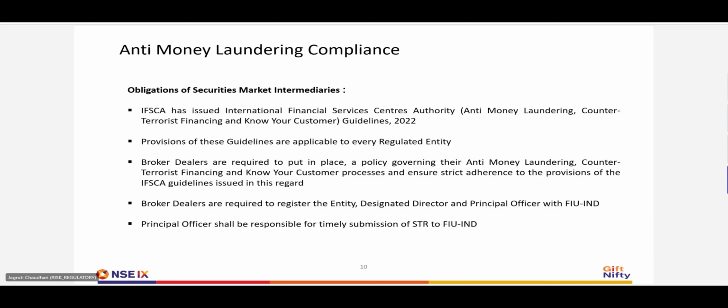One of the important aspects of AML compliance here is that IFSC has already issued guidelines regarding the same. For now, the foremost requirement is that every broker dealer needs to have a policy with respect to AML guidance as issued by IFSC in 2022.